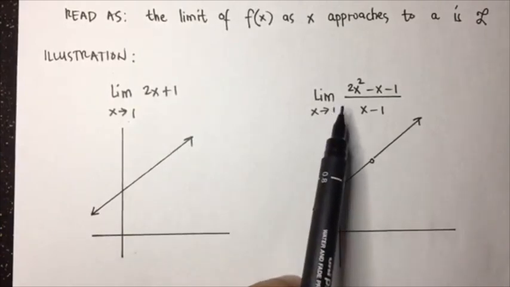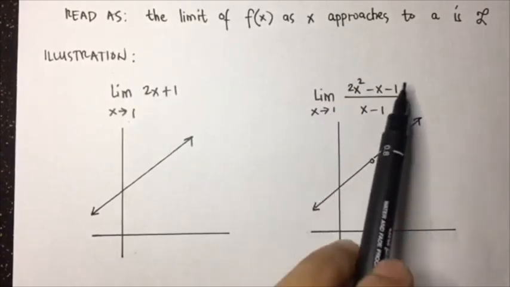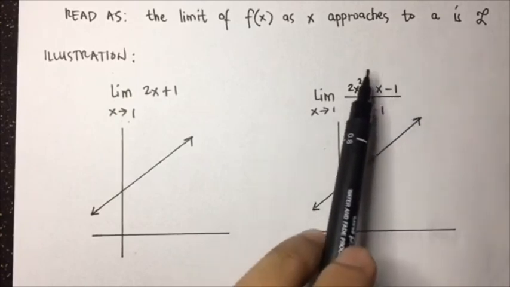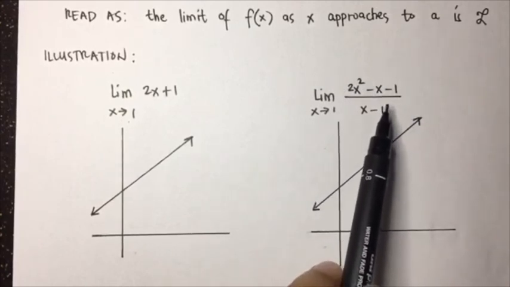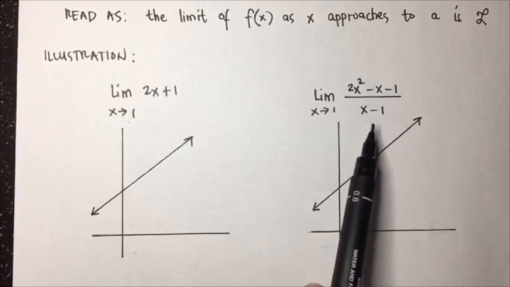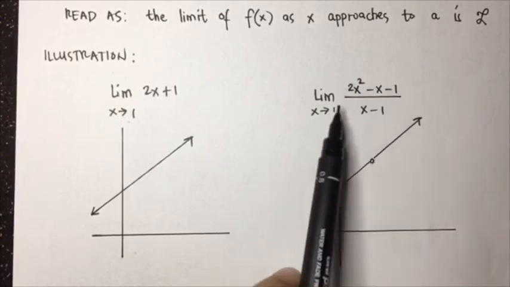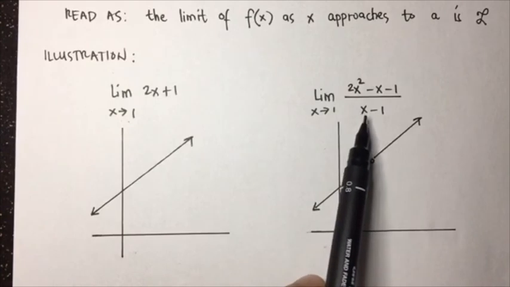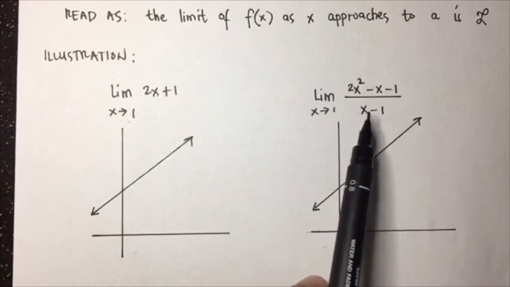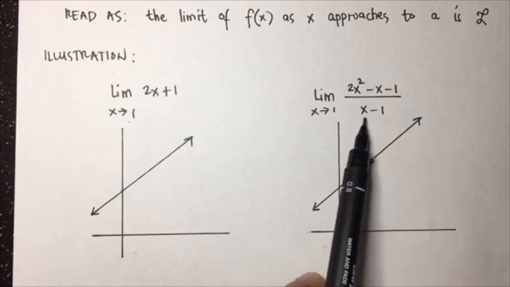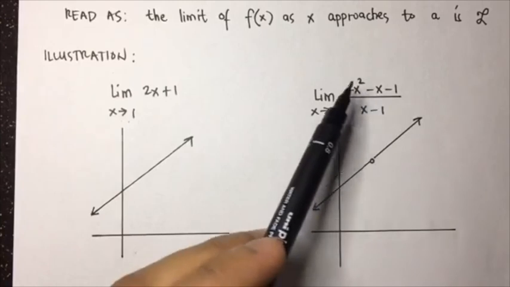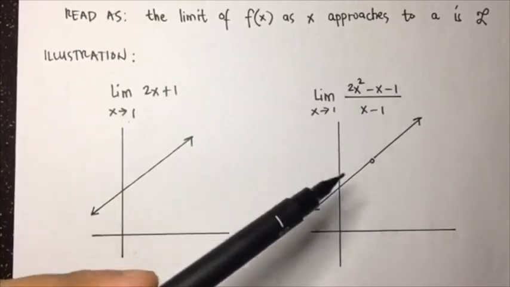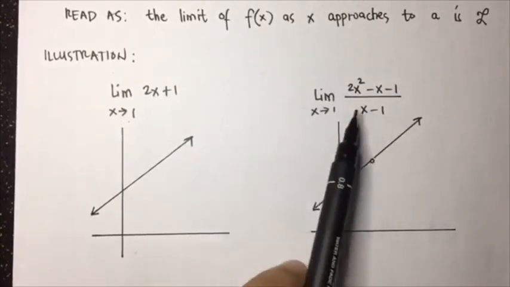However, from our background knowledge in functions and limits, we know that the domain of the second function is x not equal to 1. The function is indeterminate at x equal to 1.